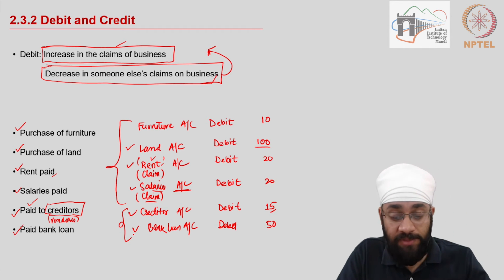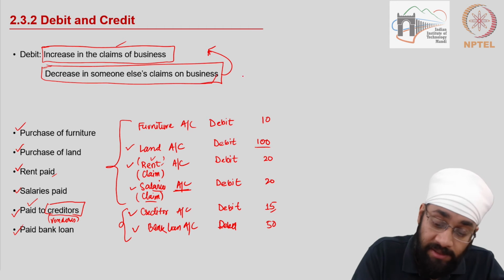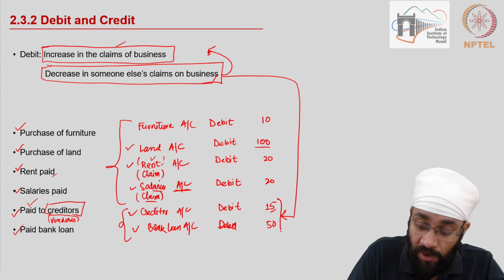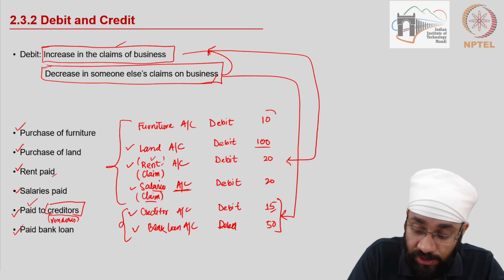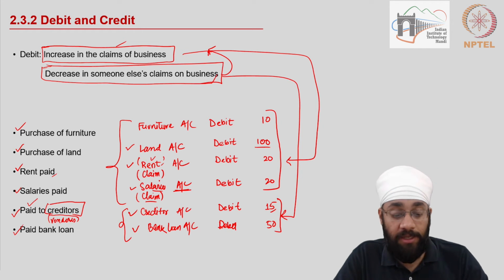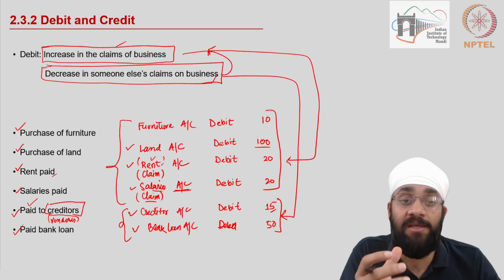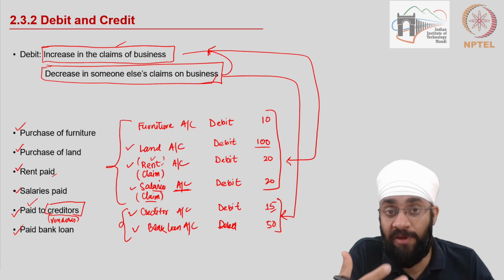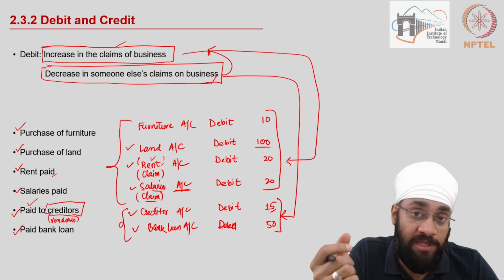So these two items represent a decrease in the claims of somebody else on the business, and the remaining transactions which we discussed earlier represent the increase in the claims of the business by way of the business paying for these resources.